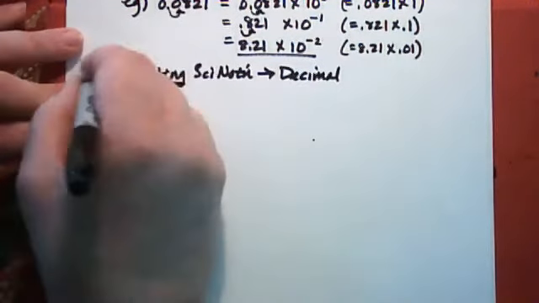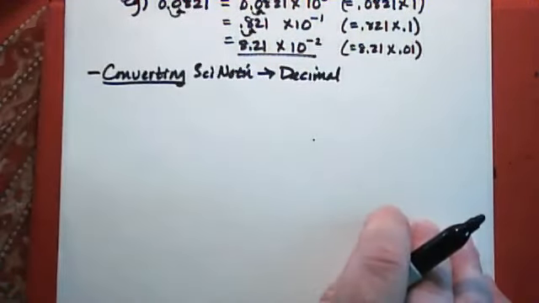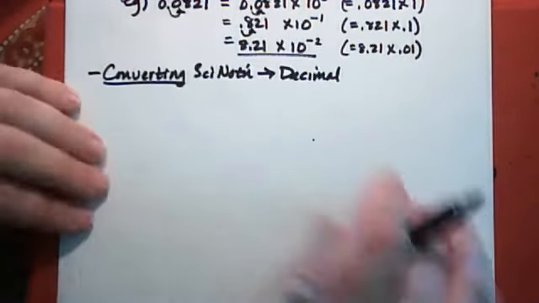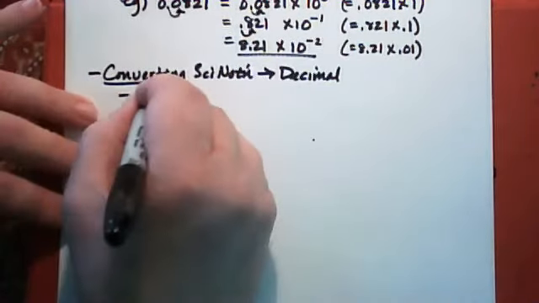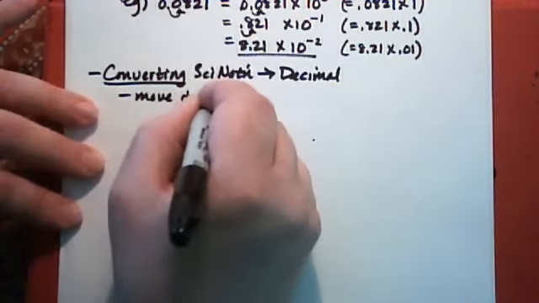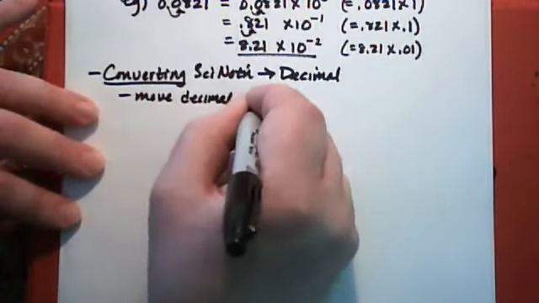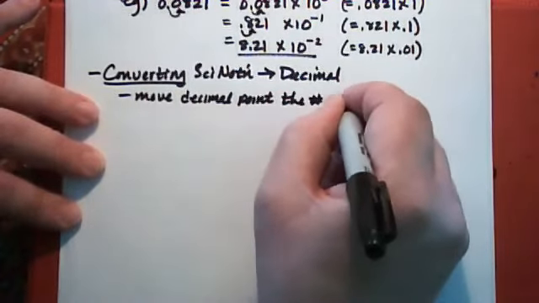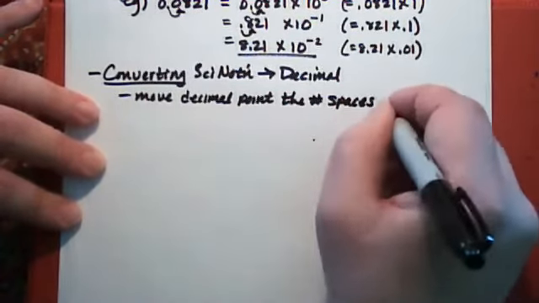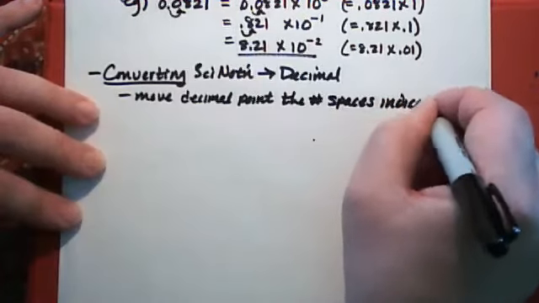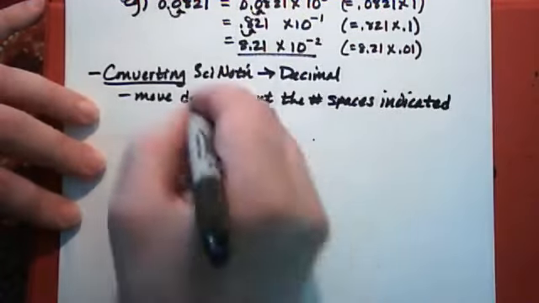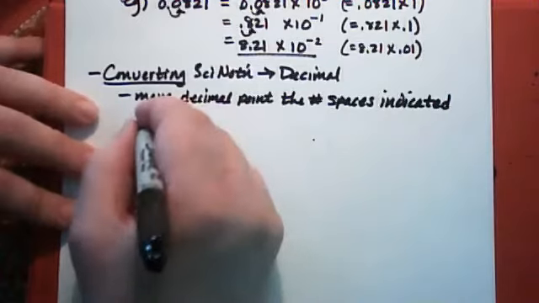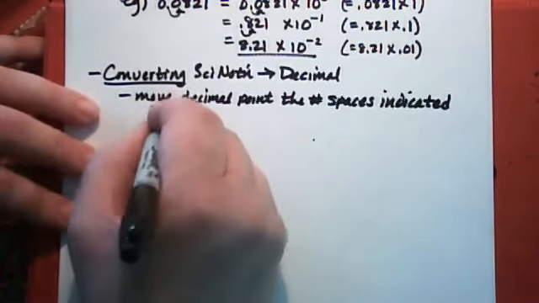Going the other way is essentially reversing the process. So what you have to do is move the decimal point the number of spaces indicated by the exponent.